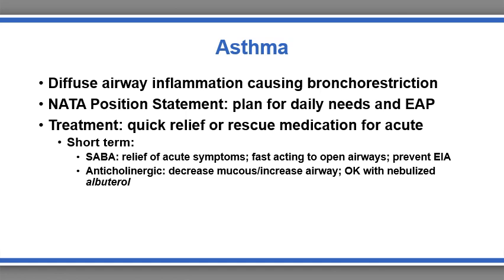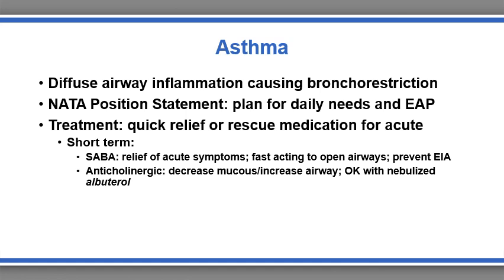These can also be utilized with nebulized albuterol. They can be nebulized and used in a nebulizer for the administration. They can also be administered with a soft mist inhaler, and there are various other ways that they can be administered as well.